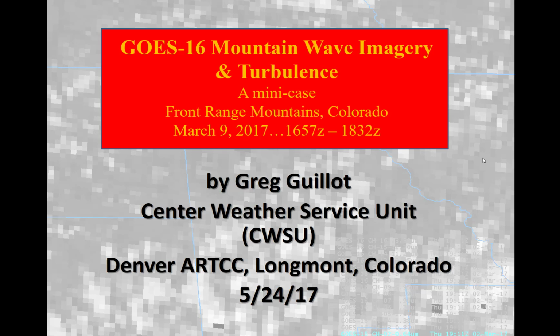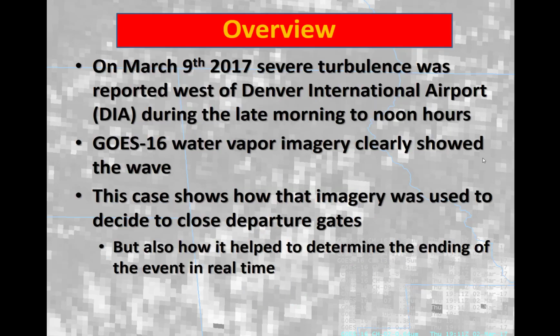I wanted to talk about an interesting mountain wave case that took place back in early March, one in which the use of the new GOES 16 water vapor imagery allowed me to make some important near-term decision support decisions with a lot of precision, I might add.